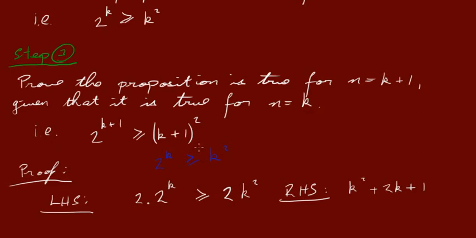When you square k plus 1, you get k squared plus 2k plus 1. Now, on our left-hand side, we've got 2 times 2 to the power of k. We know that that's greater than or equal to 2k squared. So if we can show that this here is in fact greater than this here, then 2 to the power of k plus 1, or 2 times 2 to the power of k, will be bigger than this.